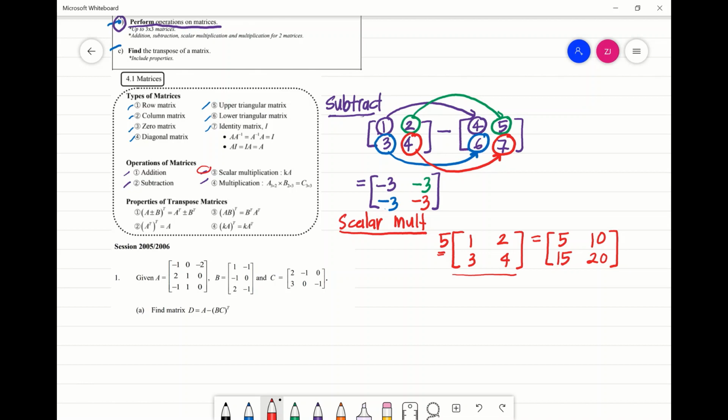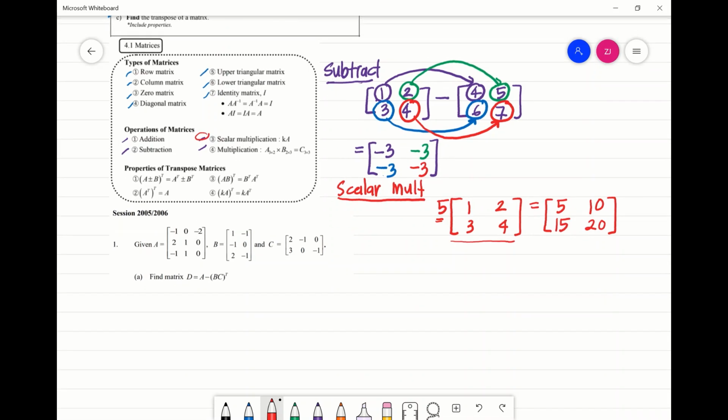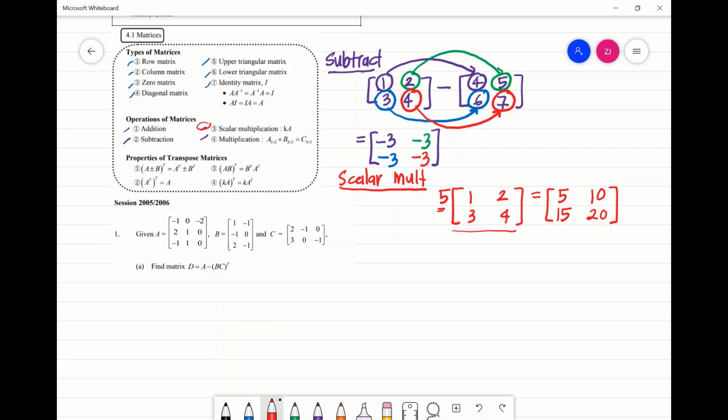Now when it comes to multiplication between two matrices, let's say we have this matrix 1 2 3 and 4, and we multiply it with this matrix 6 7 8 and 9.